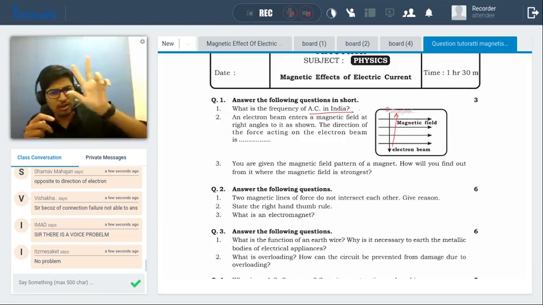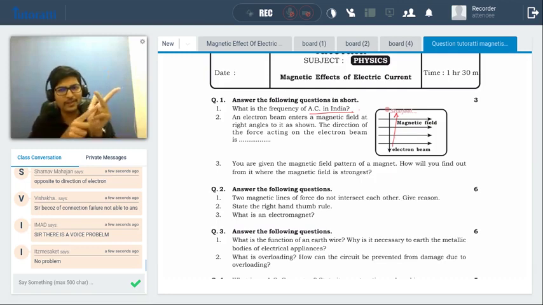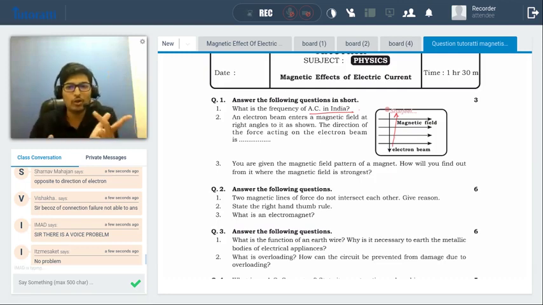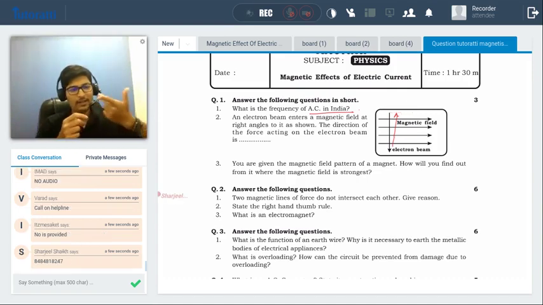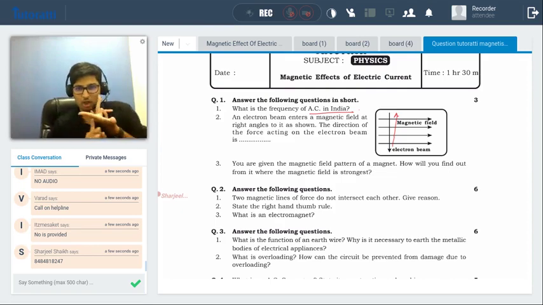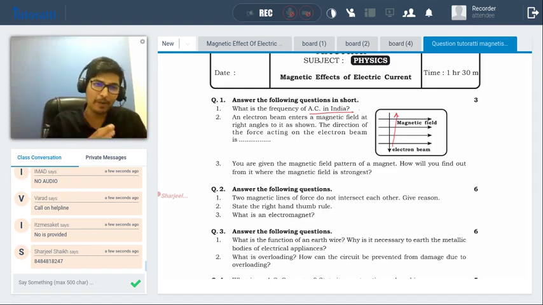You use the left hand rule with three fingers. This is the direction of current. I cannot keep it on the screen, so you cannot see this, but if I keep it like this, this is the direction of electric current, this is the direction of magnetic field, and the thumb points inside. So the force acting should be inside the paper, towards the paper.